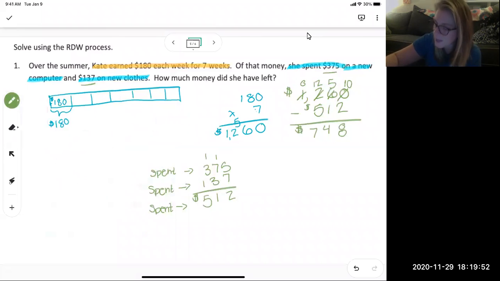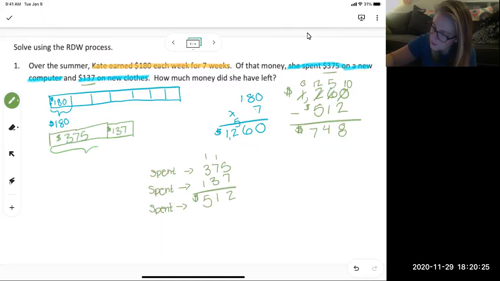Okay, so she spent $375, and she spent $137. Okay, so we found this total, right, which was 512.